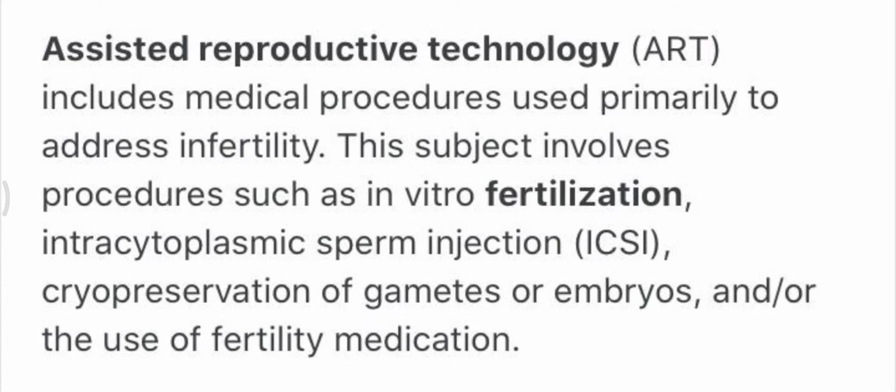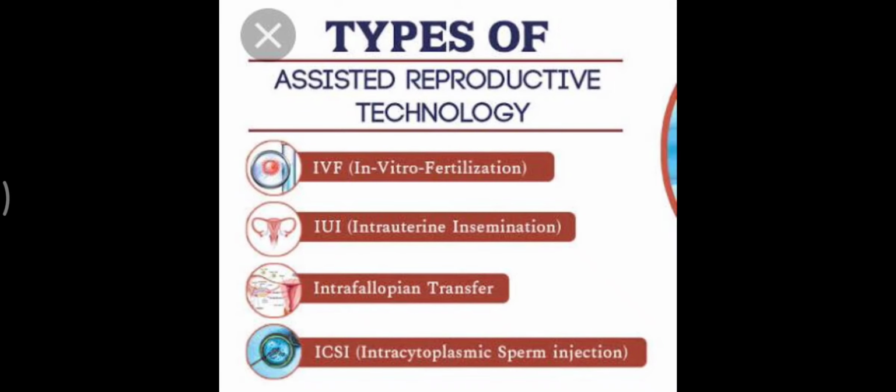Now let us see the types of ART: IVF, that is in vitro fertilization, IUI, intrauterine insemination, intrafallopian transfer, then ICSI, that is intracytoplasmic sperm injection, then gamete intrafallopian transfer, that is GIFT. So these are the different types of assisted reproductive technology. We are going to deal with these technologies one by one.